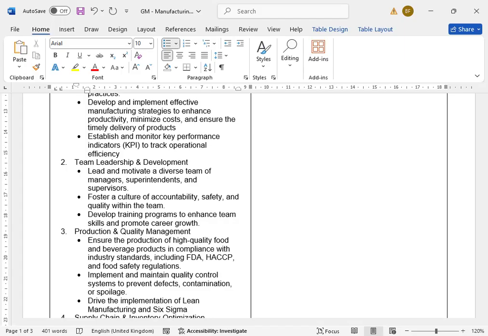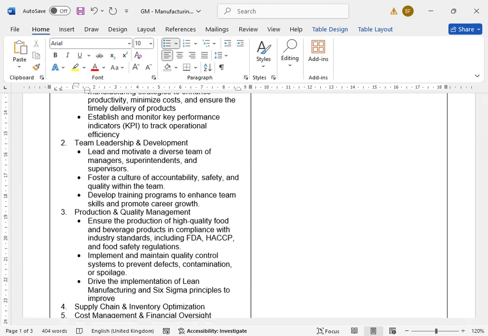Most especially, food and beverage companies are adopting the Six Sigma principles to improve operational performance and minimize waste.